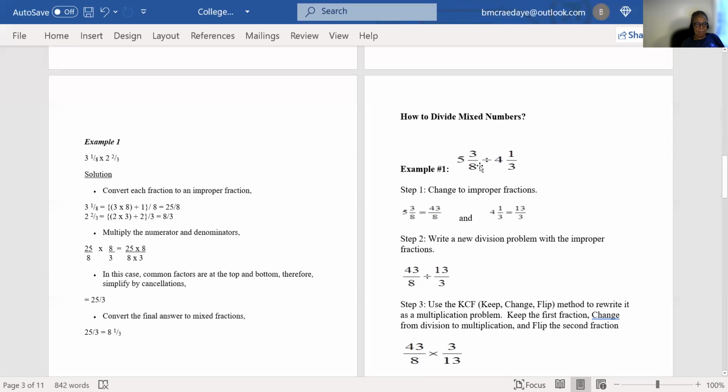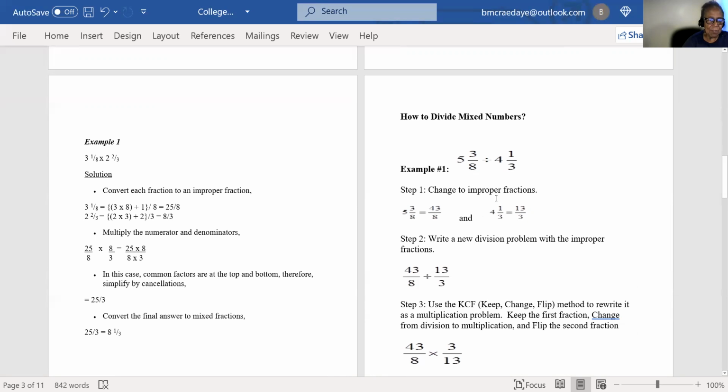Here's an example: 5 3/8 divided by 4 1/3. What's your first step? Change both of your mixed numbers to improper fractions. So 5 3/8: 8 times 5 is 40, plus 3 is 43. Then put that number over your denominator, which is 8.